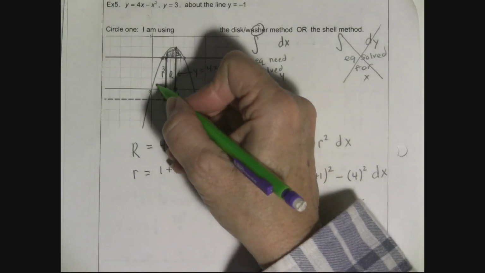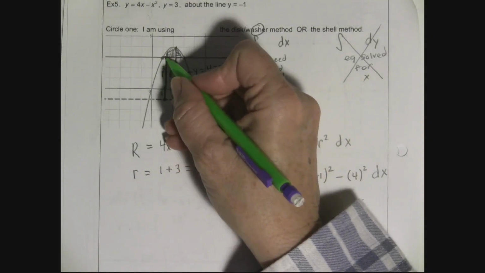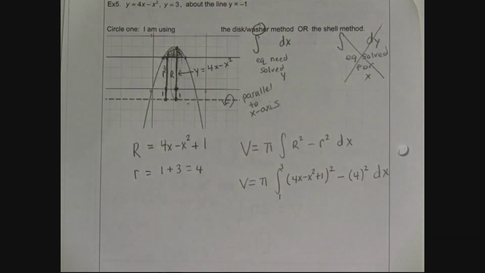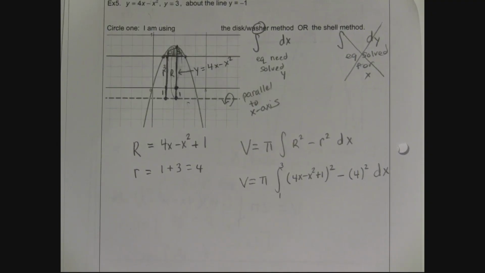I'm not coming over here and having any of them. They're all going just right there, 1 to 3. So the same bounds as the other one. And if we do another one with this same thing, the bounds will probably be 1 to 3 as well. Let's go see.